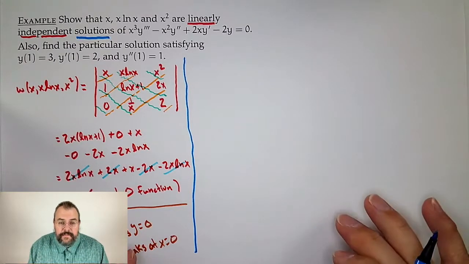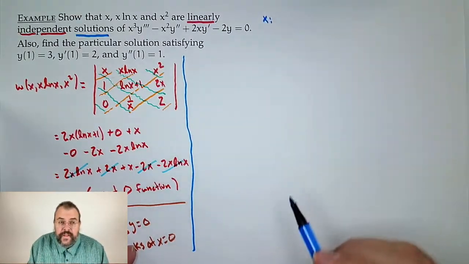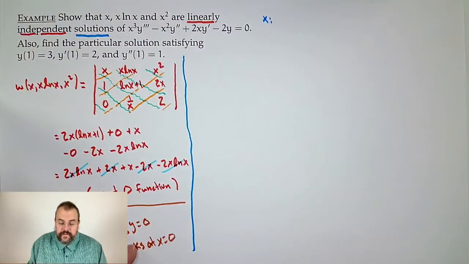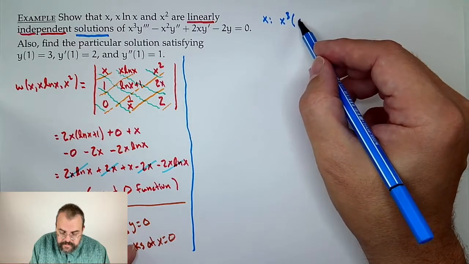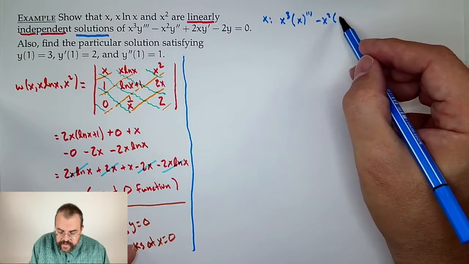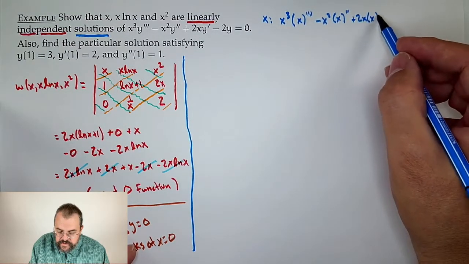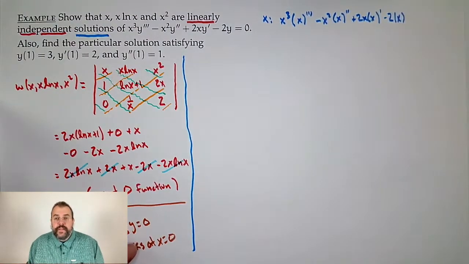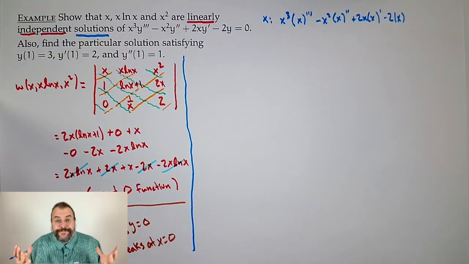So let's start by checking in with our function x. And so what does that mean? Well, we're going to plug x into here and see what we get. So we're going to take x cubed times the third derivative of x minus x squared times the second derivative of x plus 2x times the first derivative of x minus 2 times just x. Well, the third derivative of x is 0.